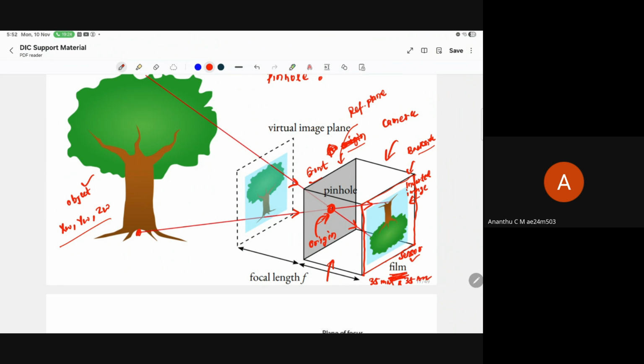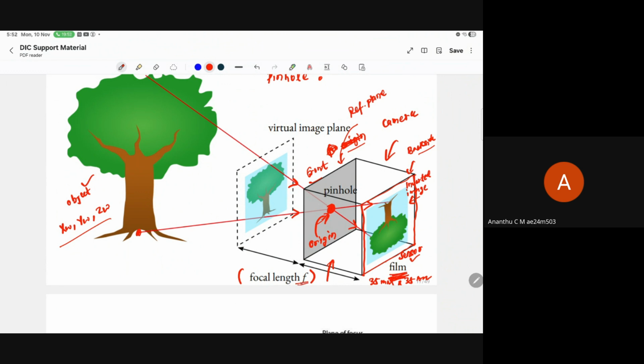And the distance from this pinhole to the film is the focal length. So this is how you define the focal length: wherever your image is forming, the distance from the pinhole plane to the film plane is what you call the focal length.